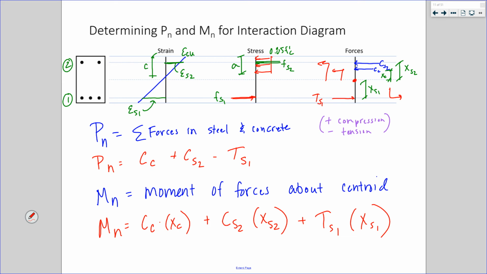So this is our general process for determining our PN and our MN for our interaction diagrams. These are going to be our nominal capacities.